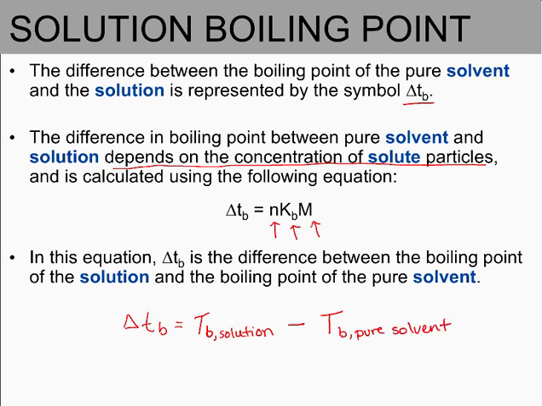So delta TB is actually going to be a pretty small number, so something like maybe 0.5 degrees Celsius or 1 degree Celsius typically. But again, that's just the difference between the boiling points. So let's talk a little bit more about each of those different variables in the equation above. What is N? What is Kb? And then M is molarity, so that's moles per liter.